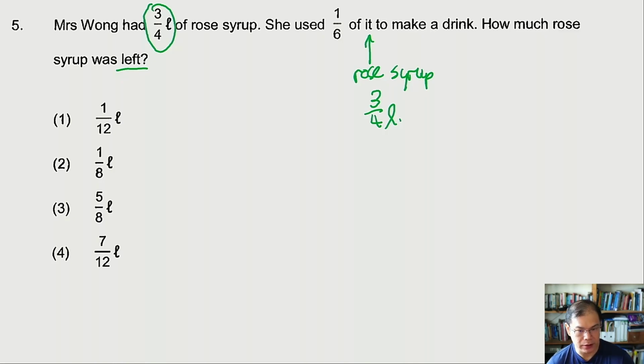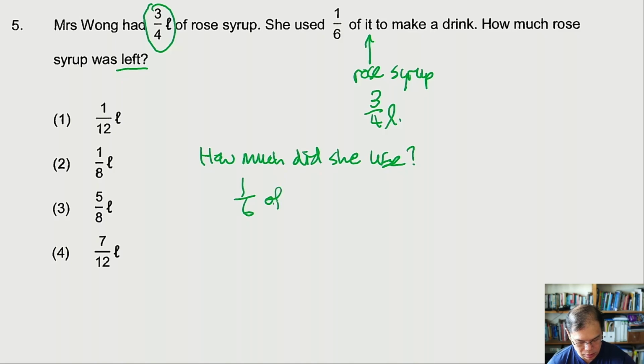So let's find out. One way is to find out how much rose syrup she used and then subtract it from what she had at first. So how much did she use? She used 1/6 of 3/4 liters.